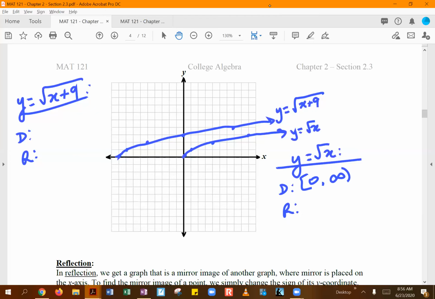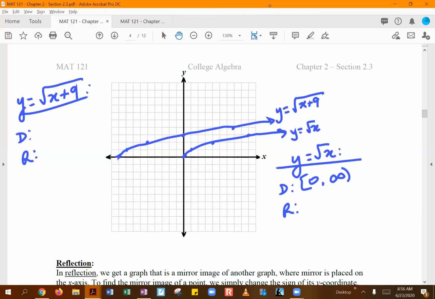Now, as far as range goes, Meredith, if you think about this, we have no graph on the negative y-axis, which means you wouldn't be starting at negative infinity. In terms of the y-axis, where is our graph starting? Yeah, very good. You are going from 0 to infinity, because we are at the origin 0, 0.